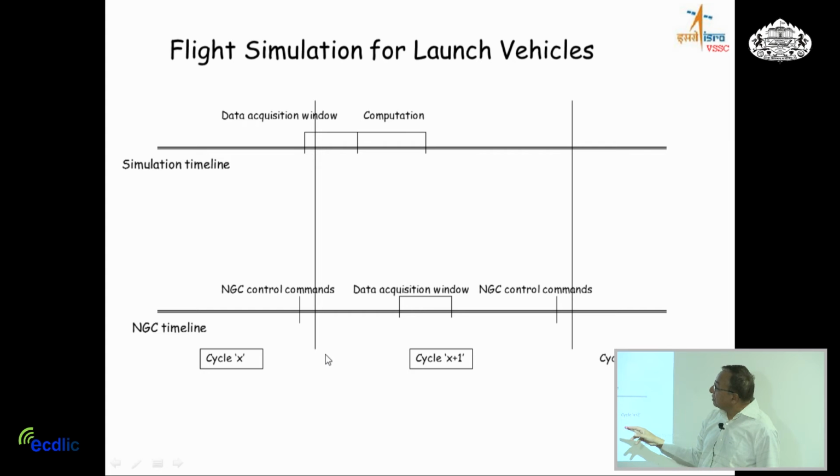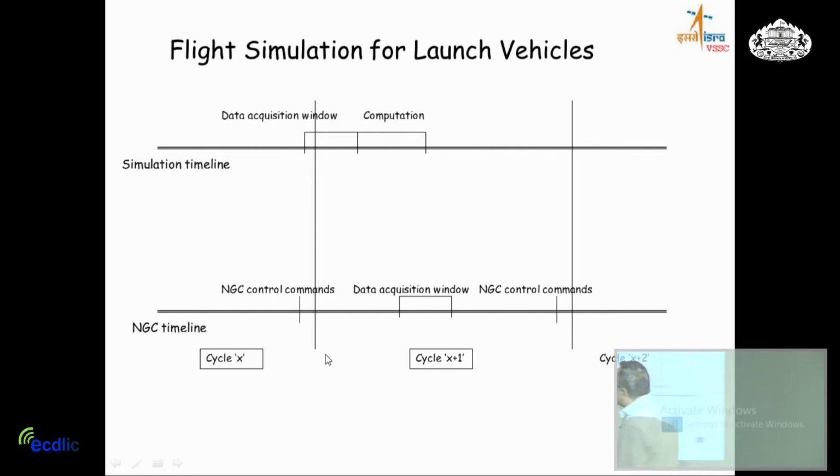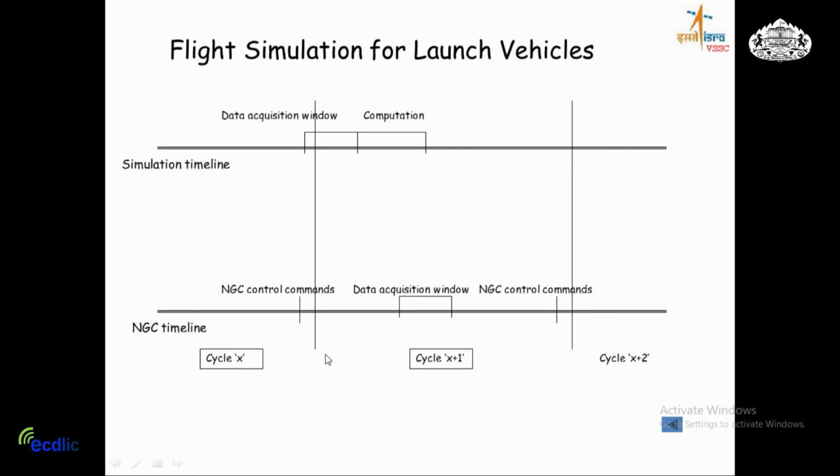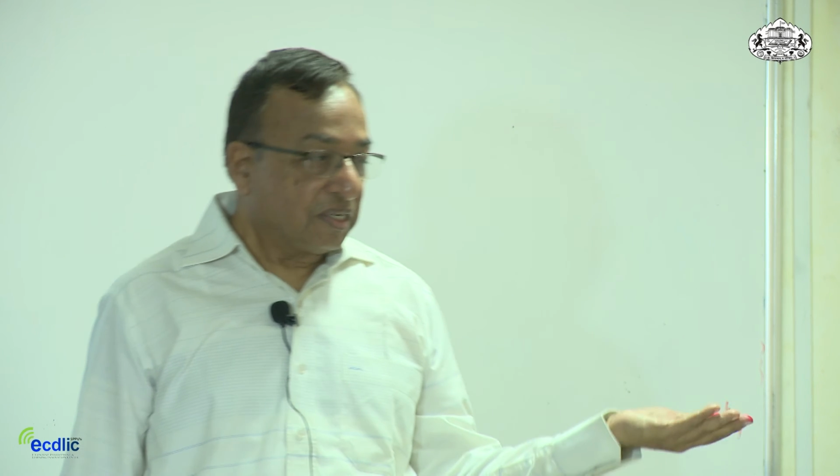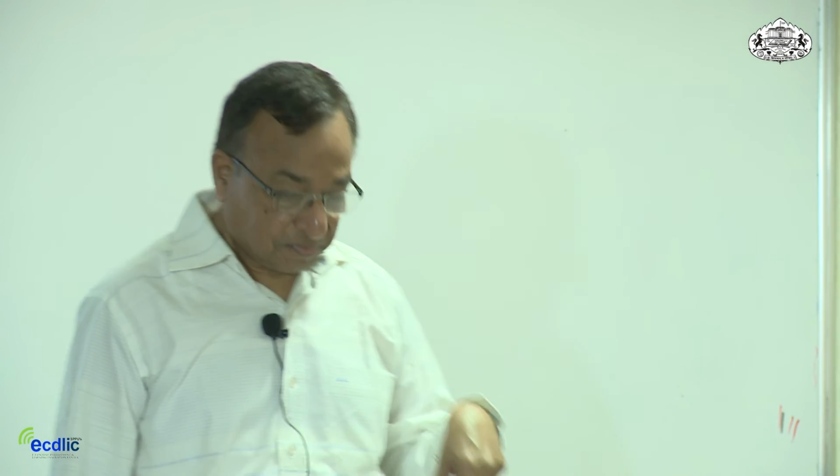The control data which is sent at this point, a command corresponding to that comes only one cycle after that. But this is not a problem in the simulation software. It happens in the real case also, that whatever data is generated, it is used one cycle later.